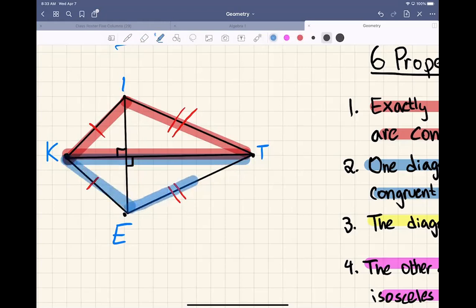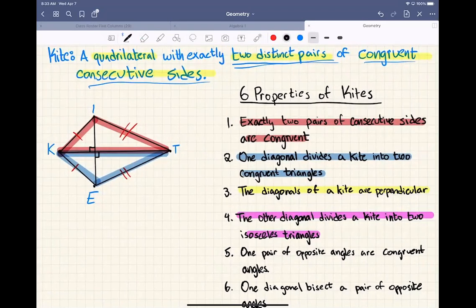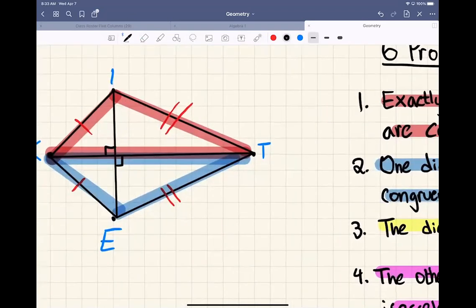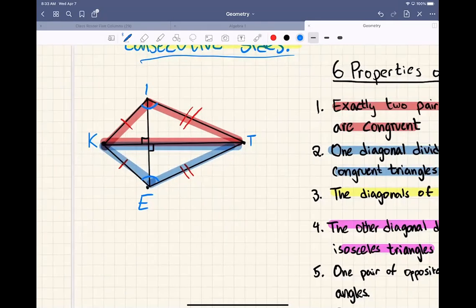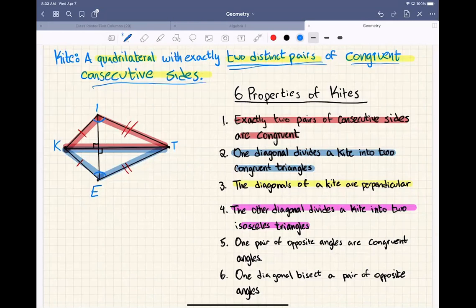When it comes down to one pair of opposite angles being congruent, we're talking about this pair right here. This pair is going to be congruent to this pair. I'll use blue for this. They're congruent and they're opposite of each other. And so we did that one, so this one's crossed off.